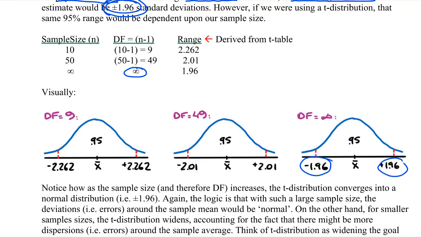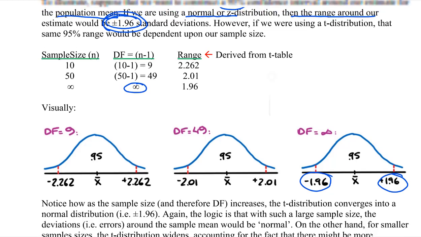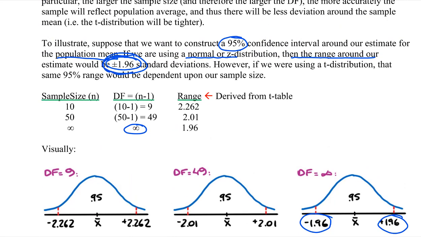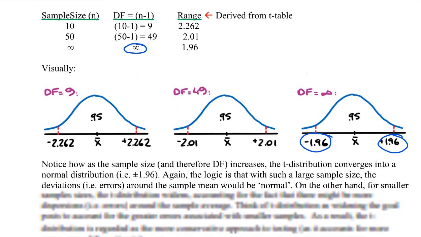And there it is. And what's interesting is that this 1.96 critical value is the exact same critical value that you would have got had we assumed normal distribution.